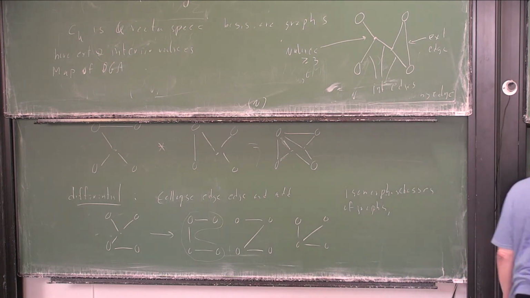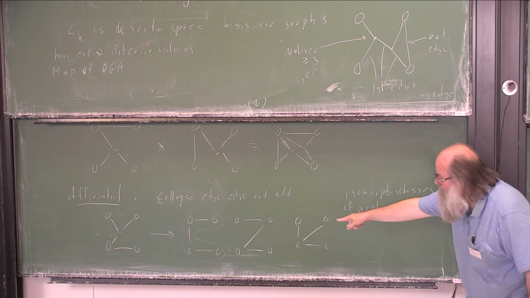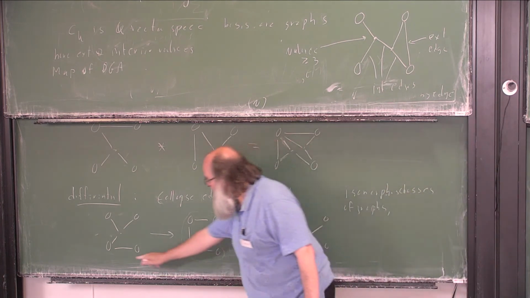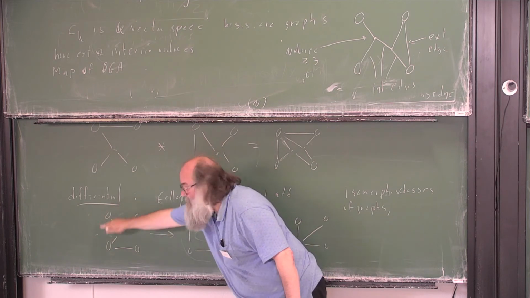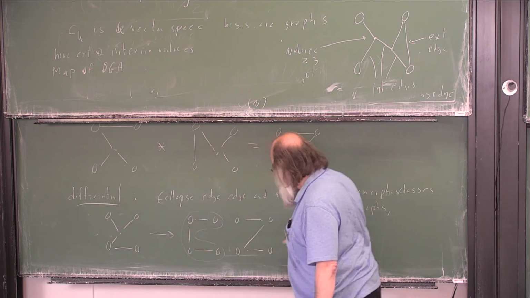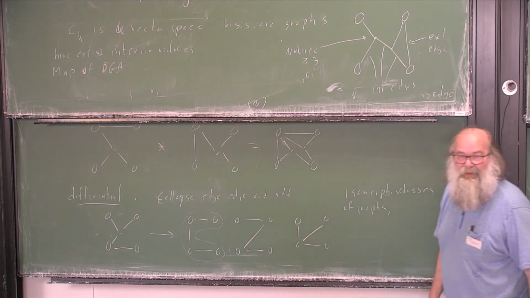Okay, so this algebra is not closed under the differential, which you can see clearly in this example. Because if gamma is just this single edge, this would be an element in CK of gamma, and the differential would contain all of this stuff everywhere else.